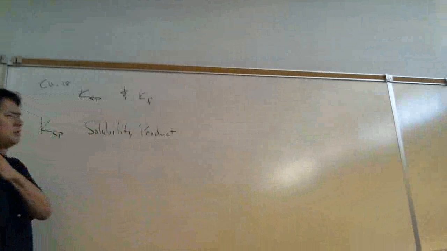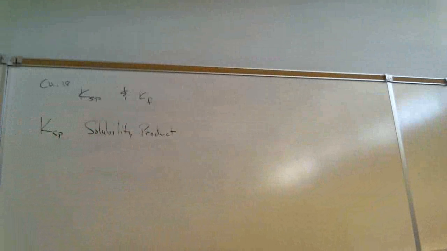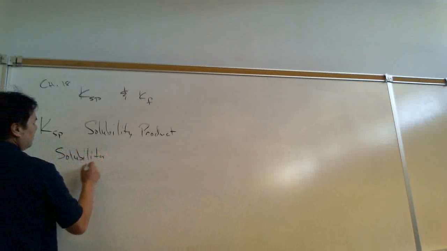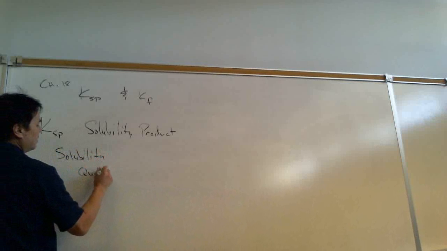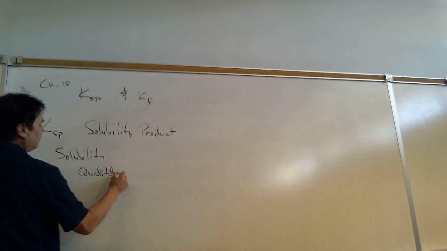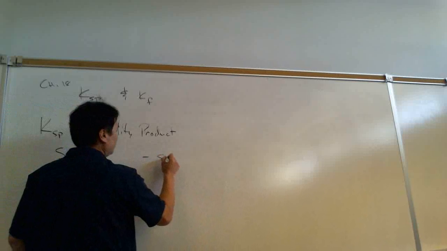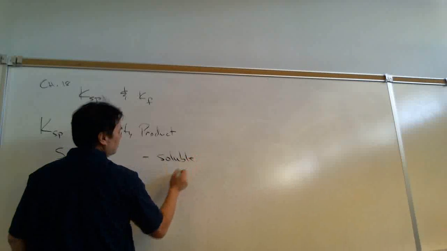So let me talk briefly about solubility first. There are 2 main definitions for solubility. One is a qualitative way of defining it. In our qualitative way of defining solubility, we have 3 categories.